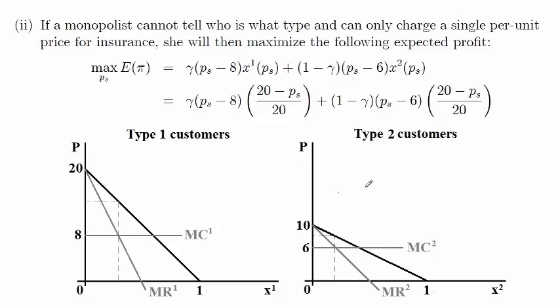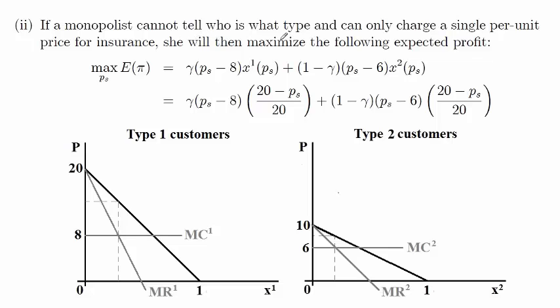Now let us determine first, is this a kind of price discrimination? Well, from the information that is given to us, we can see that actually there is no price discrimination. Why? First of all, the monopolist cannot tell who is what type.